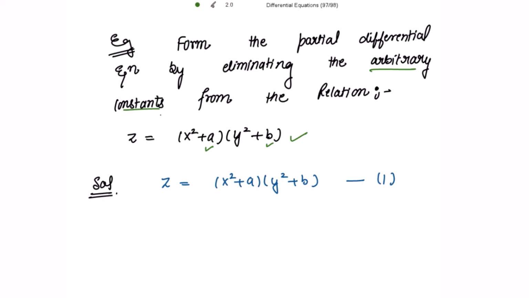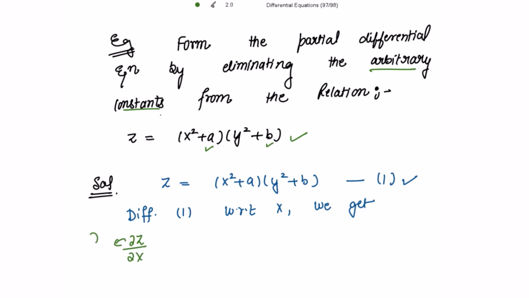For that, if I mark this given z to be 1, we have to differentiate this z with respect to x and then with respect to y, right?